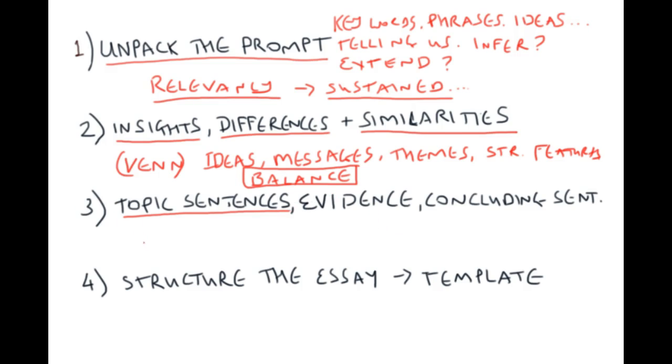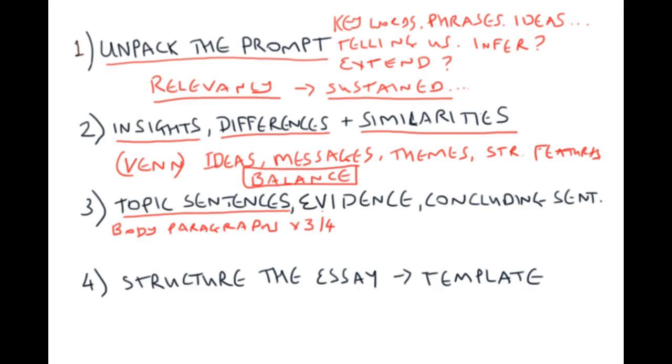The topic sentences are for each of the body paragraphs. So ideally there's usually 3 or 4 body paragraphs, and each one of them will have a topic sentence to introduce the key point which is addressing the prompt, or the contention from the prompt.